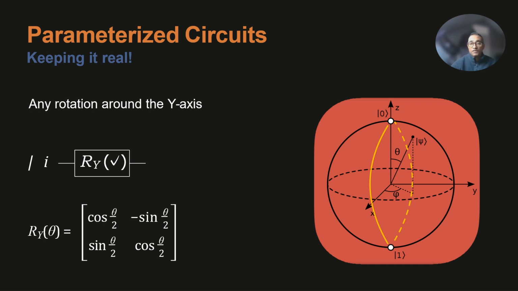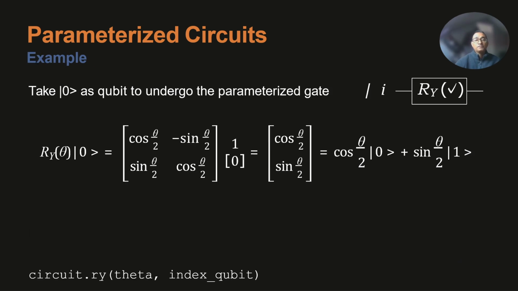The matrix is cos theta/2, minus sine theta/2, sine theta/2, and cos theta/2. Let's say this gate is acting on an input qubit with the state 0.